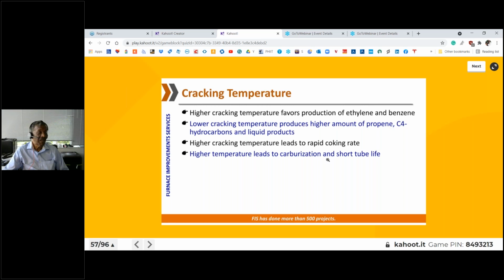So in a lot of plants, you have to change your coil maybe every 3, 4, 5 years. Carburization is a process where the tube material starts absorbing carbon, and then it leads to brittle failure, metal dusting, and loss of material.